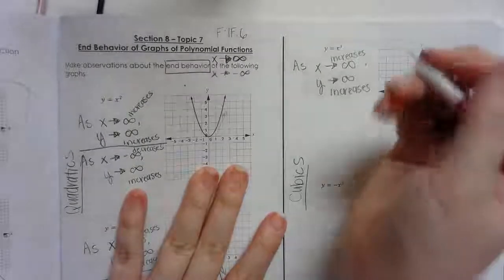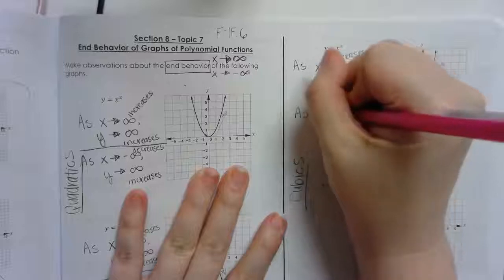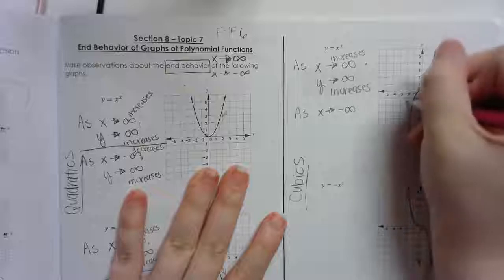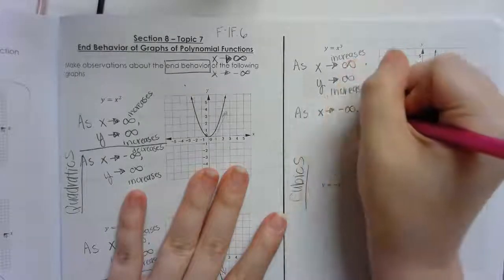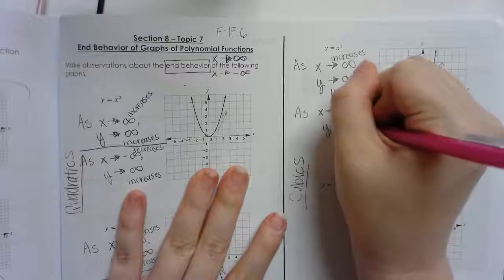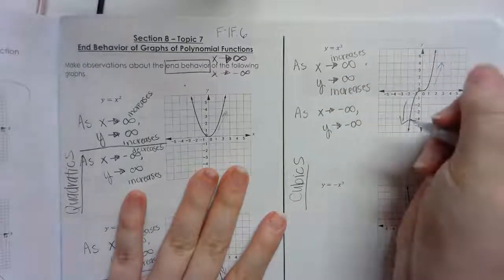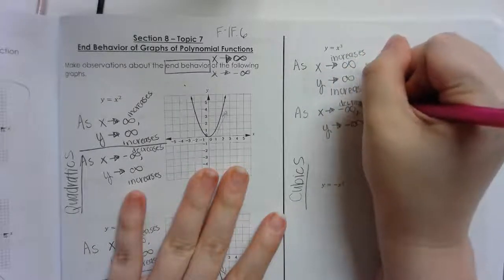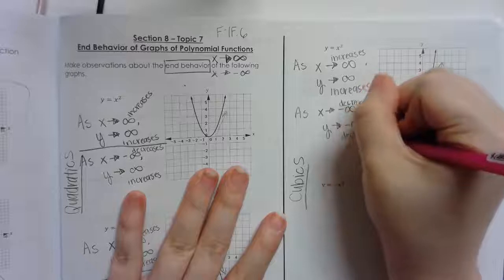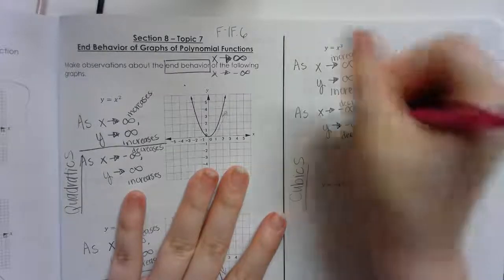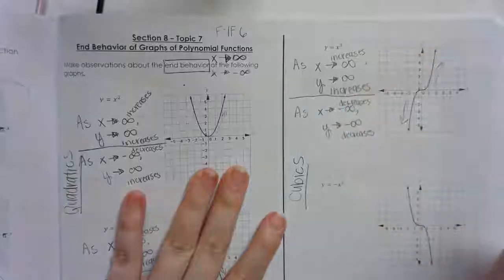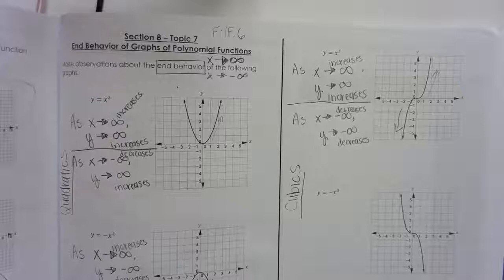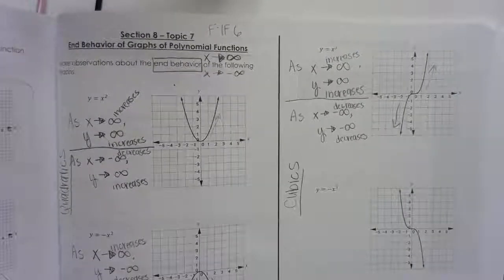And then as x decreases, as x approaches negative infinity, y approaches negative infinity. So as x decreases, y decreases.